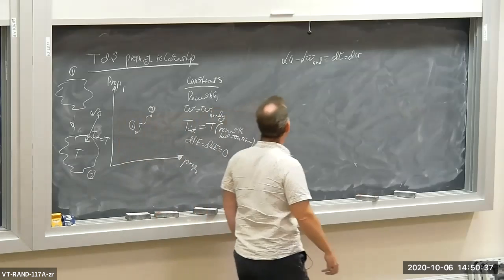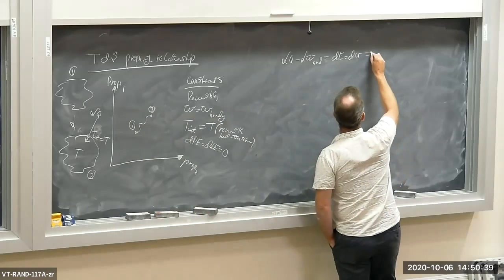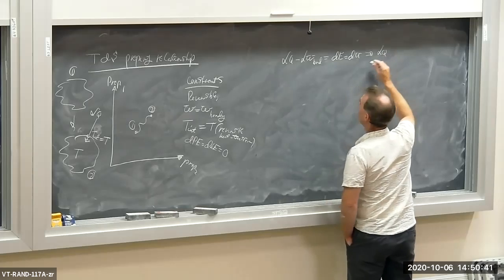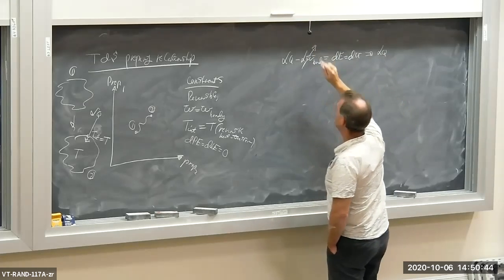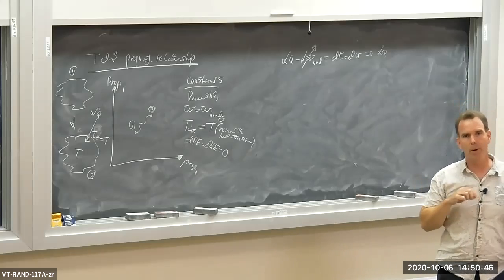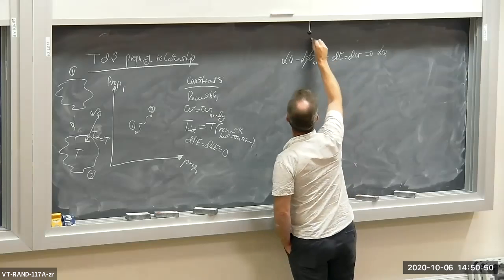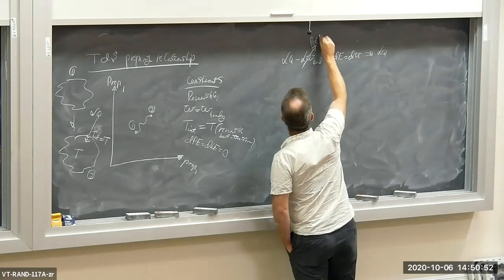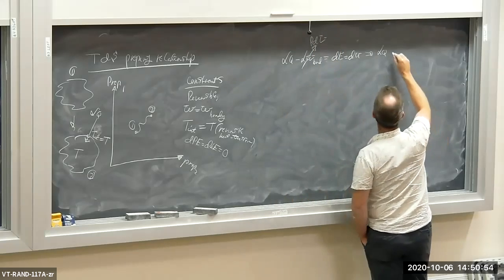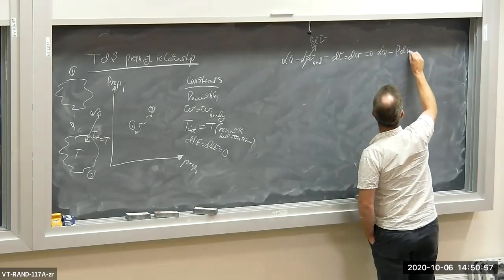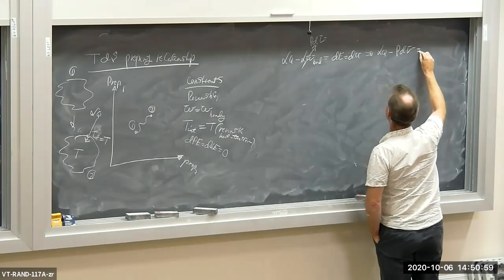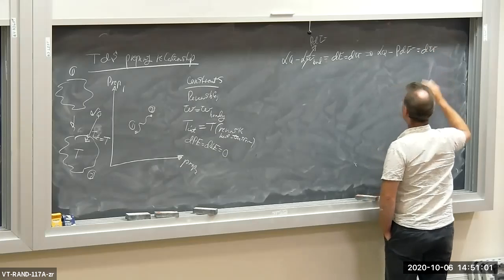So this implies, by the way, what's differential boundary work? It's PdV. So I get δQ minus PdV is equal to dU.